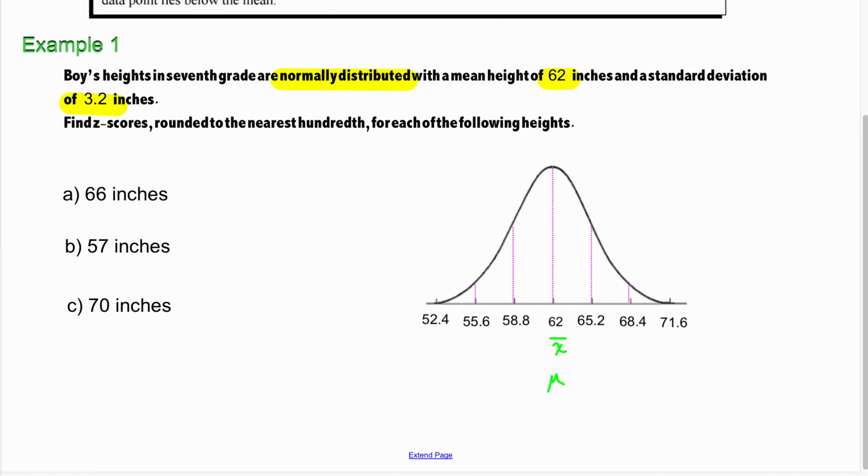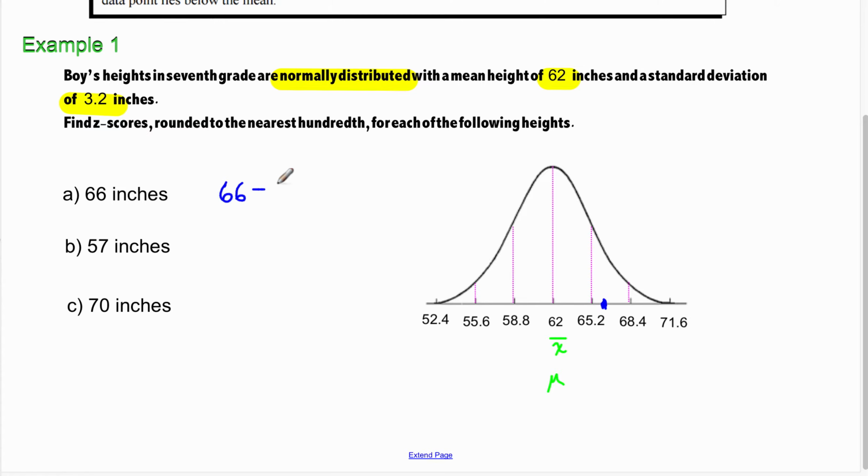So here's a kid of 66. 66 is right about there. We can see that it's not exactly on a half. It's certainly 1 standard deviation above, but 1 and how much more? Well, this is what we do. We take the piece of data we're looking at, 66.